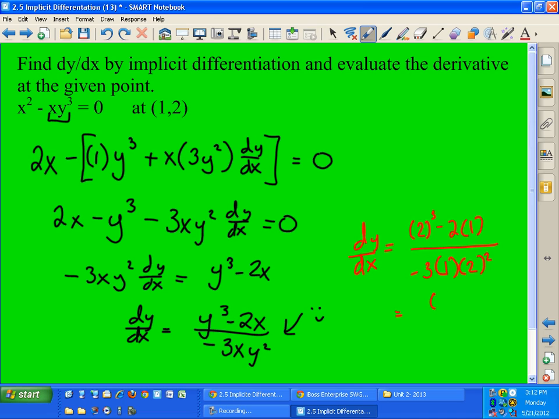And on the bottom, I've got a negative 12. So the slope at this given point is negative 1/2. And that's really what we are looking for with this function. When we go through and do this, just remember that we are taking the derivative of the function and then we solve it for dy dx. We'll talk more and practice more of this in class.